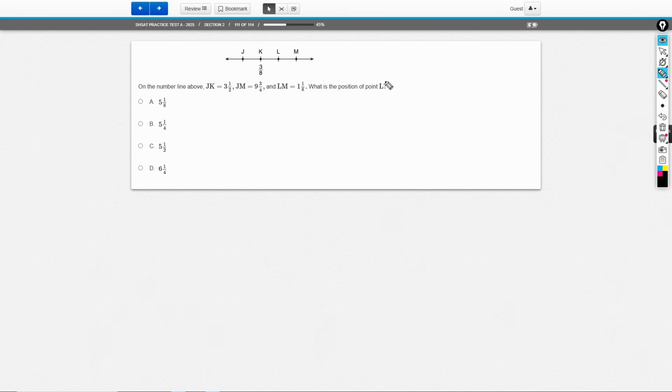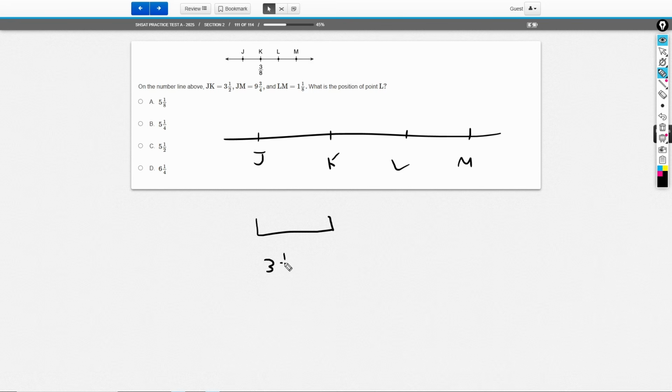Sorry. Let's restart that. I didn't mean to delete everything, but let's just restart it. So here's J, here's K, here's L, and here's M. JK is 3 1/2. JM, the total distance here, we know is 9 3/4, and we know that LM, this distance right here, is 1 1/8, essentially.